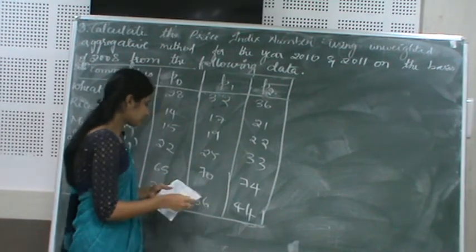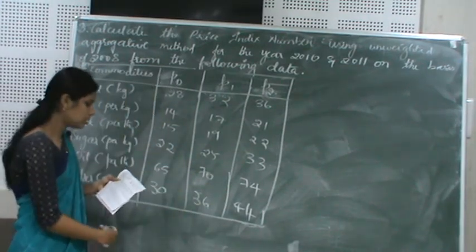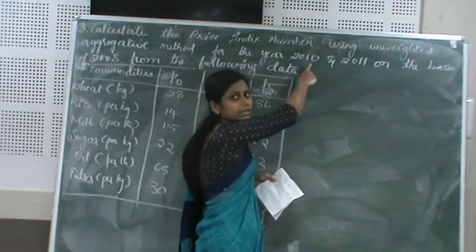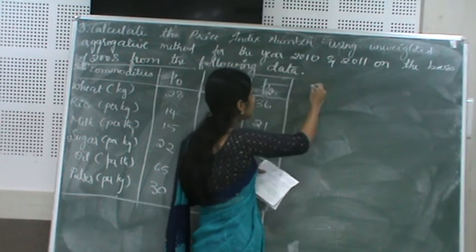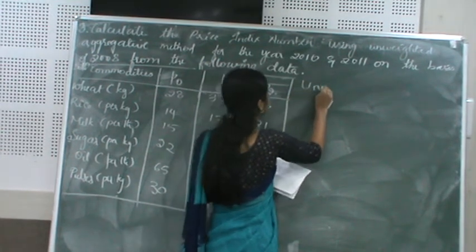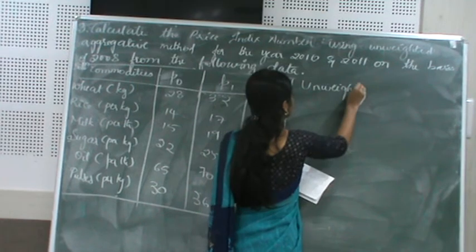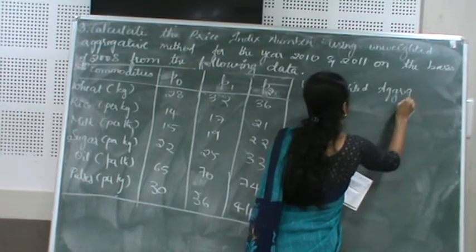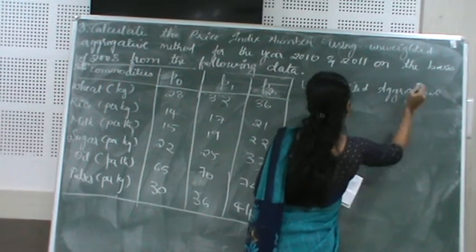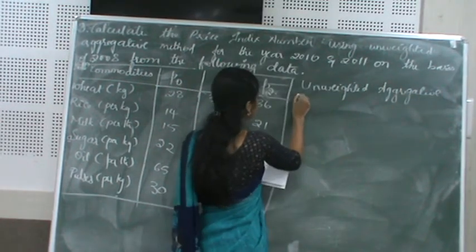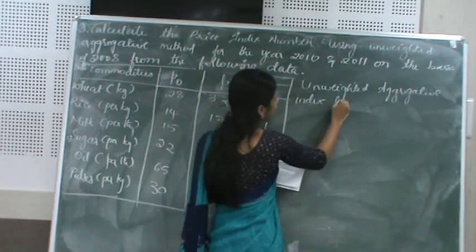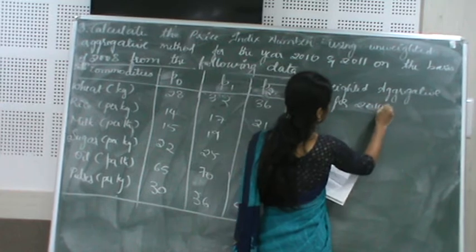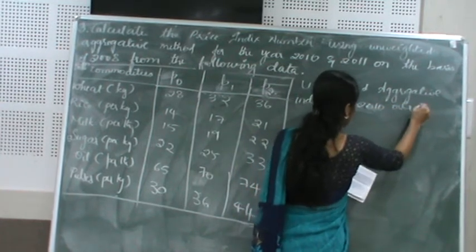Now we are going to write the same values. First we will calculate the unweighted aggregative index for the current year 2010 over 2008.